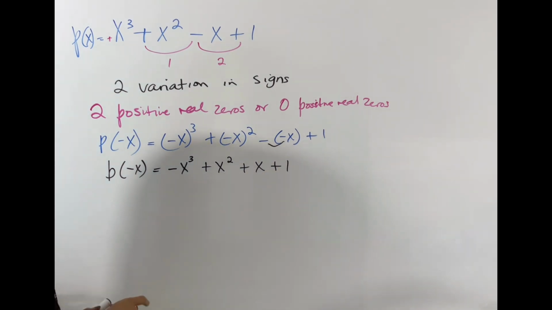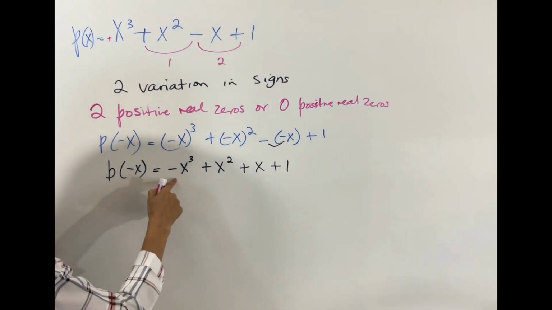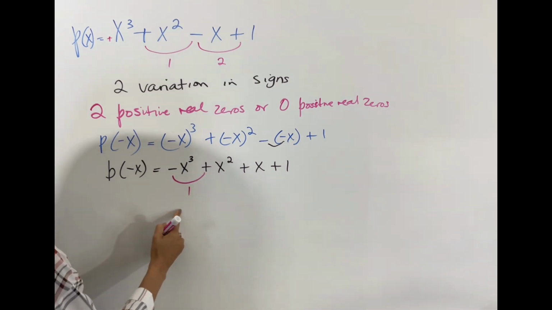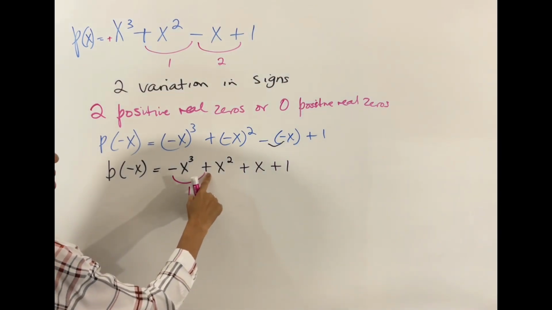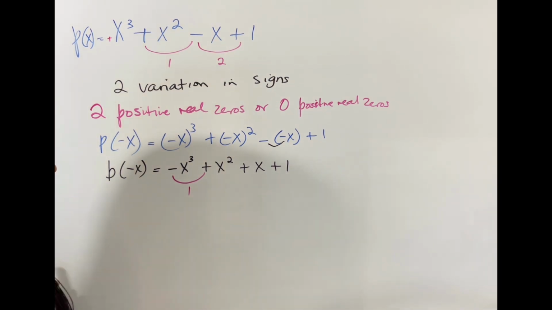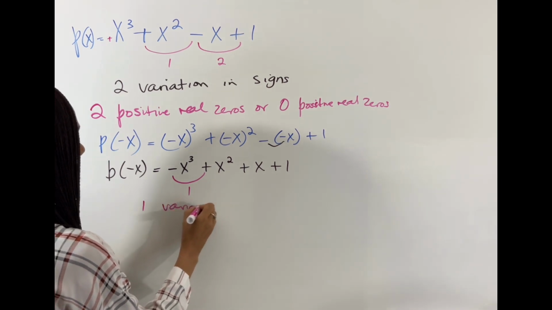Now you'll notice here that your first term has a negative coefficient, and going from negative to positive, that is one variation in sign. And this is a positive going to a positive, so we have no more variation in sign here. It's just simply one variation in sign.